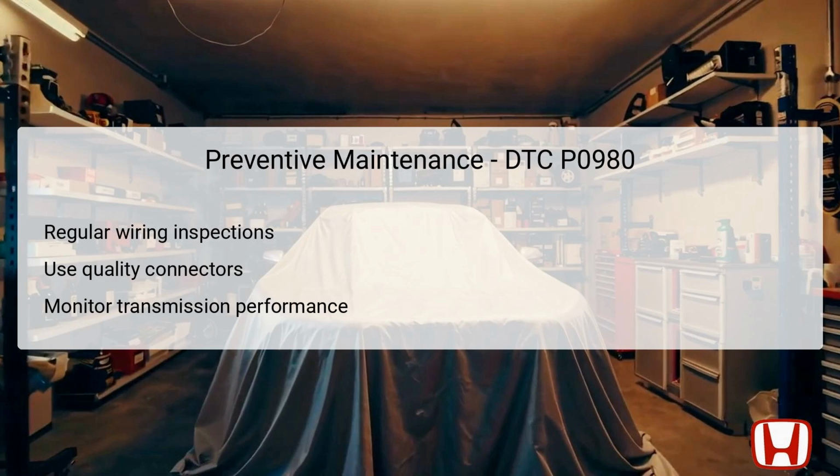Technicians should also monitor transmission performance closely, especially during routine maintenance checks, highlighting any unusual shifts or delays that could foretell underlying problems. Educating the vehicle owner on early detection signs is equally crucial, empowering them to seek timely assistance and ensuring that the vehicle remains in good operating condition throughout its lifespan.